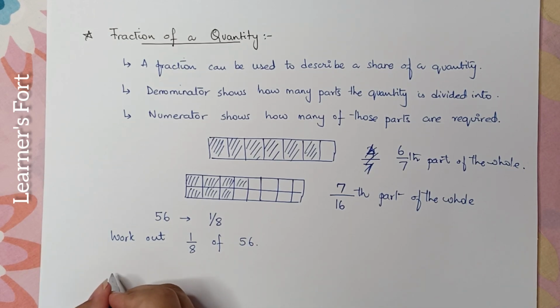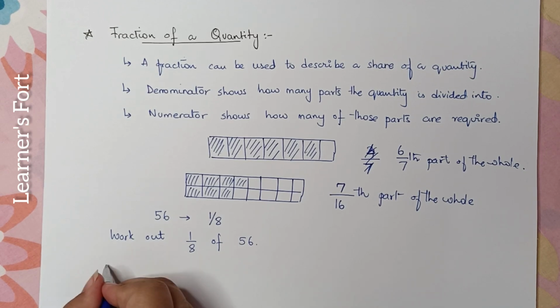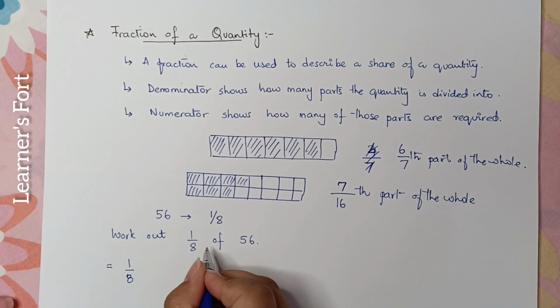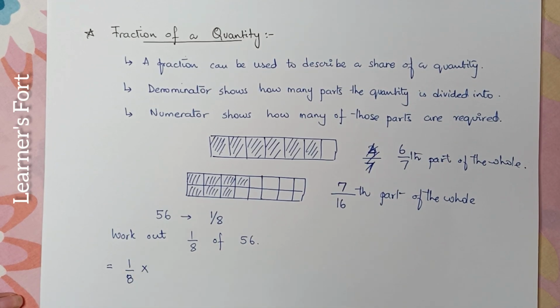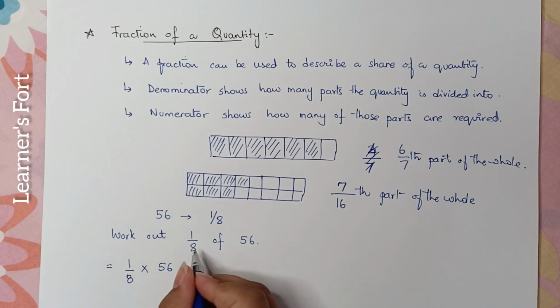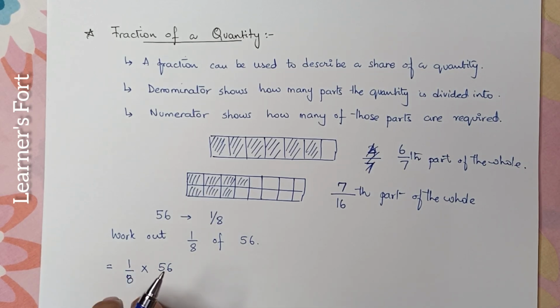Okay, it can be written as 1 upon 8. Instead of "of", we write the multiply sign and then the given number whose fraction we have to calculate. 1/8 of 56. It basically means it's the same as if we divide 56 into 8 parts and we are only considering one part.